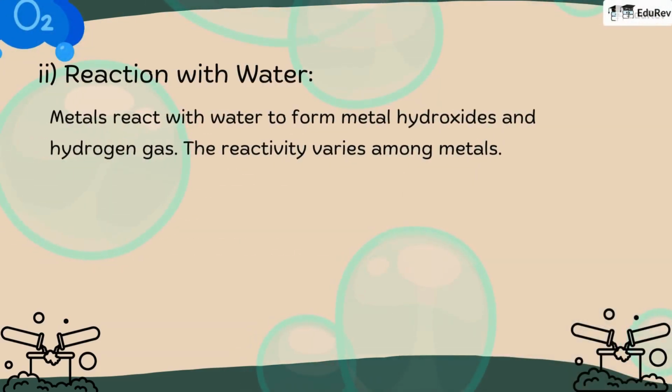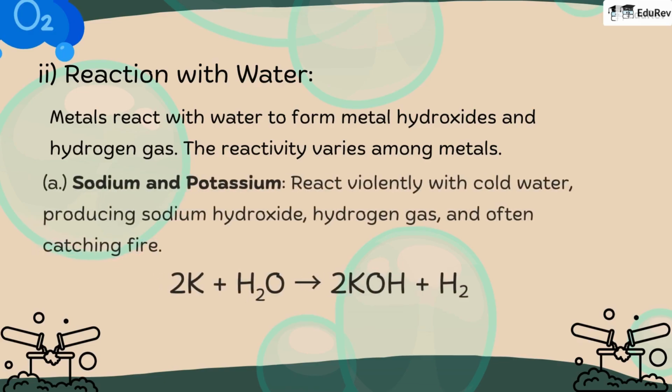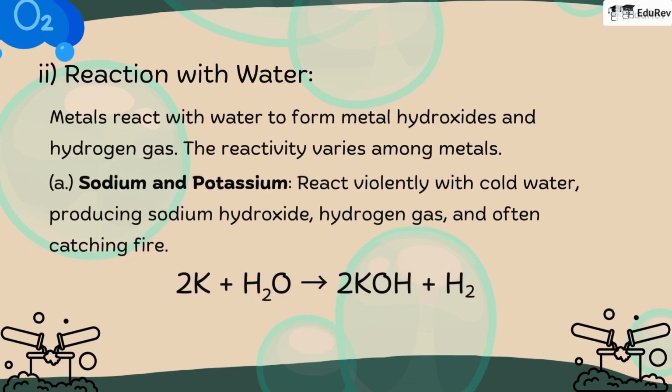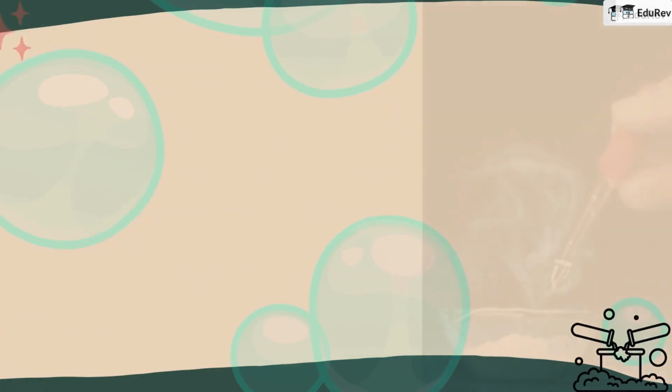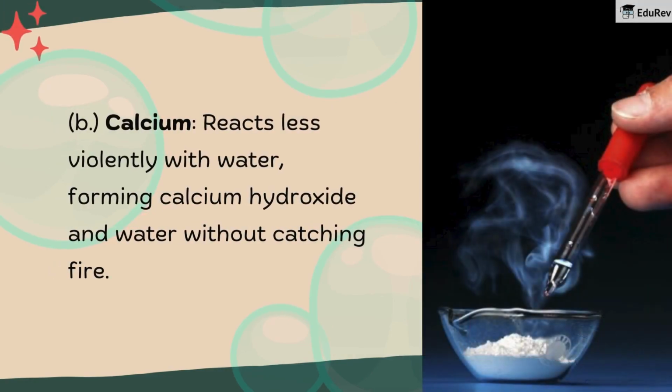Reaction with water. Metals react with water to form metal hydroxides and hydrogen gas. The reactivity varies among metals. Sodium and potassium react violently with cold water, producing sodium hydroxide, hydrogen gas, and often catching fire. Calcium reacts less violently with water, forming calcium hydroxide and hydrogen without catching fire.